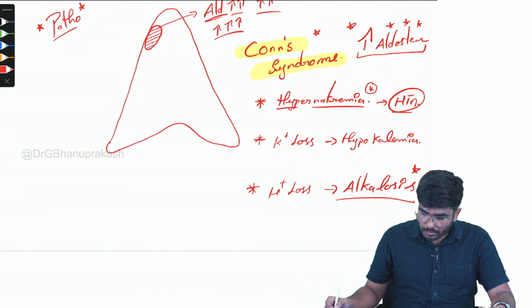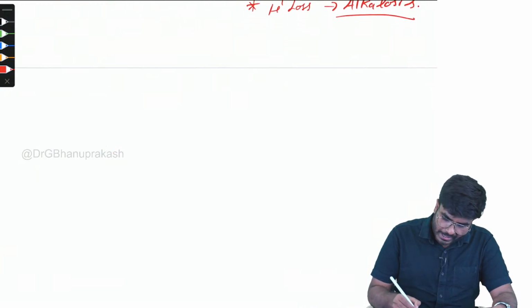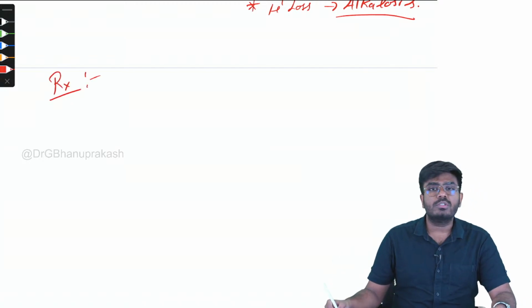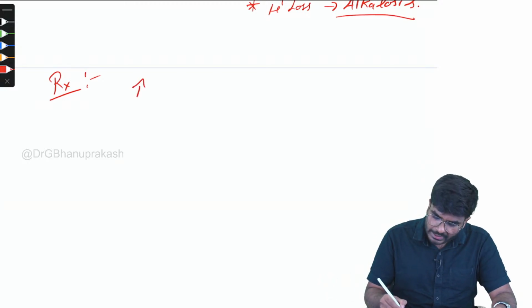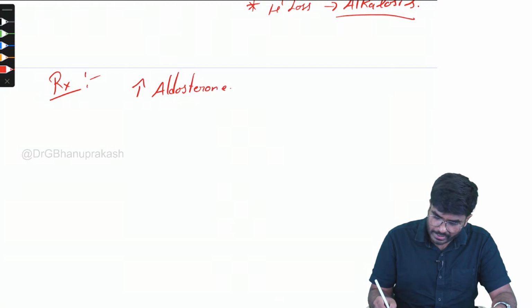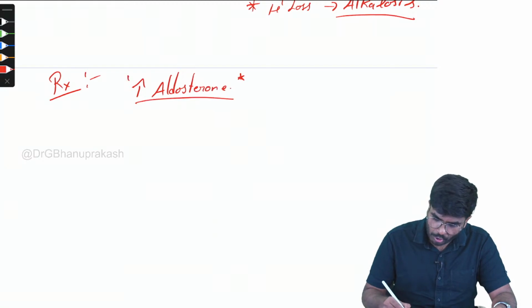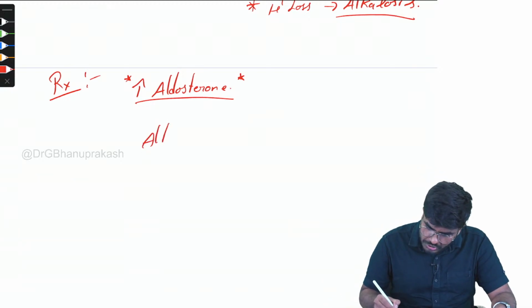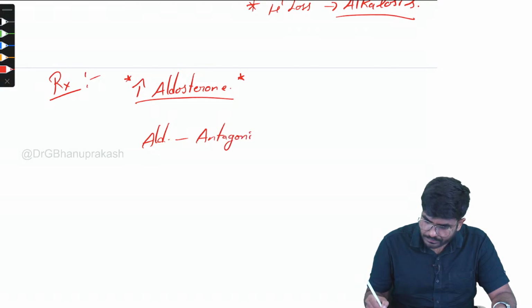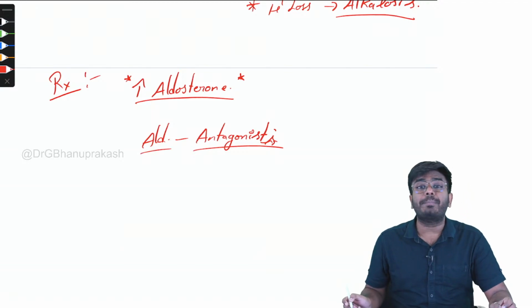Okay, now how to treat this Conn syndrome? Pharmacorrelation. What are the drugs which can be used to treat Conn syndrome? In Conn syndrome, the main problem is excessive aldosterone. So what we should do is give aldosterone antagonists or aldosterone receptor blockers.